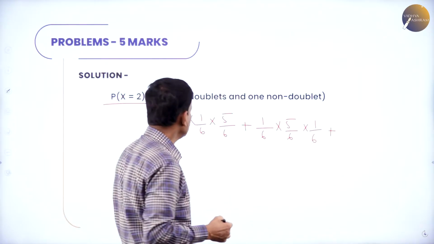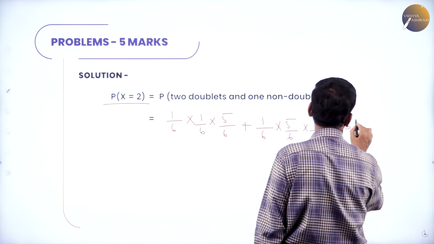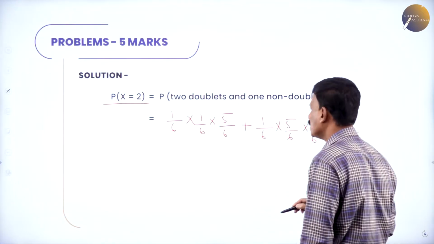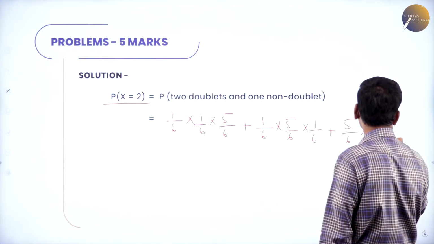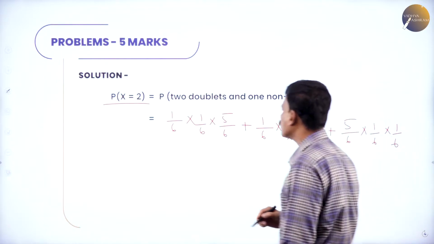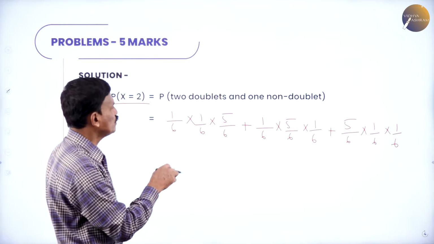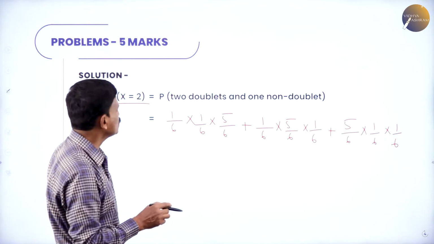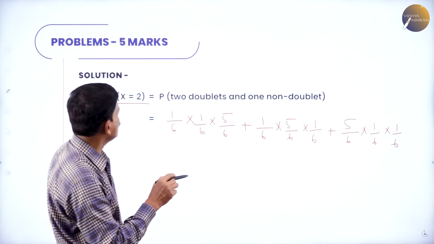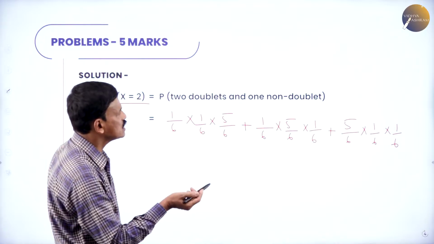Plus the condition, the first one is a non-doublet and the second one is a doublet and third one is also a doublet. So 1 by 6 into 1 by 6 into 5 by 6 plus 1 by 6 into 5 by 6 into 1 by 6 plus 5 by 6 into 1 by 6 into 1 by 6.